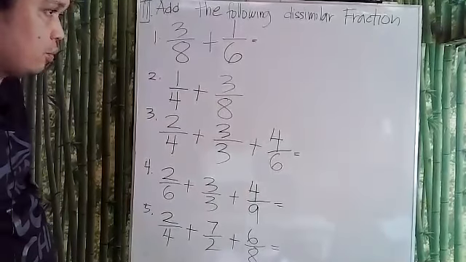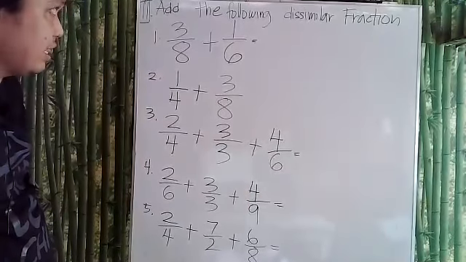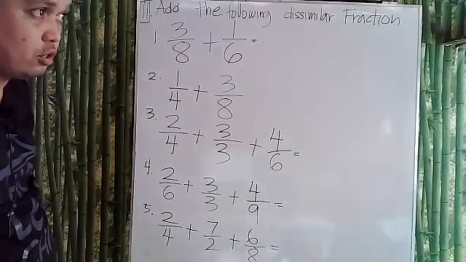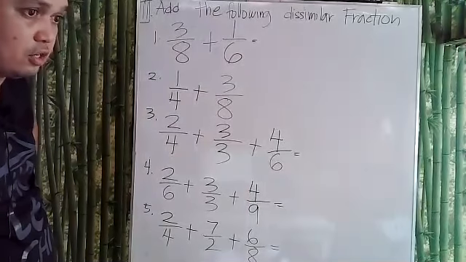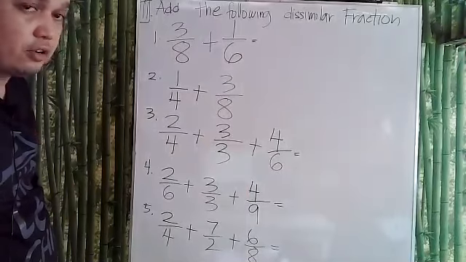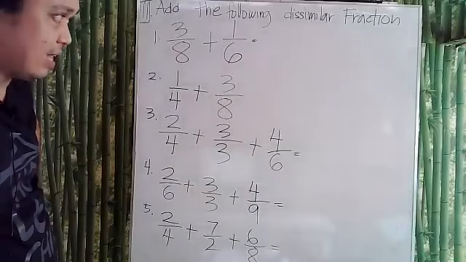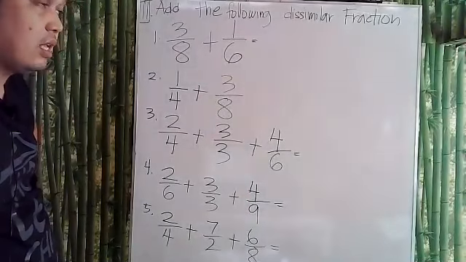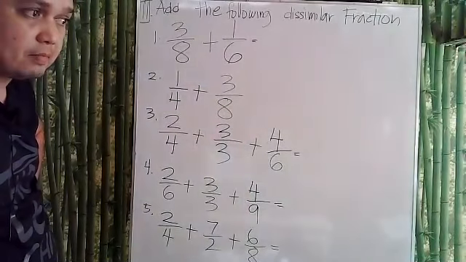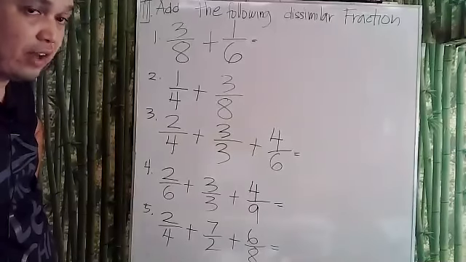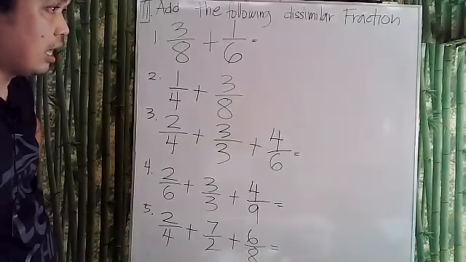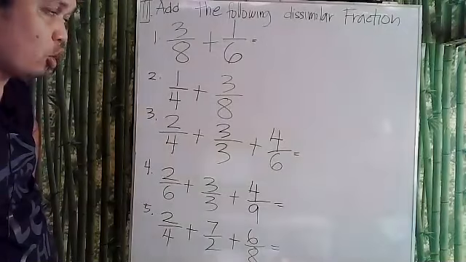first we need to change this dissimilar fraction to similar fraction in order for us to add them. We can never add fractions that have different denominators. So we must first find the least common denominator.